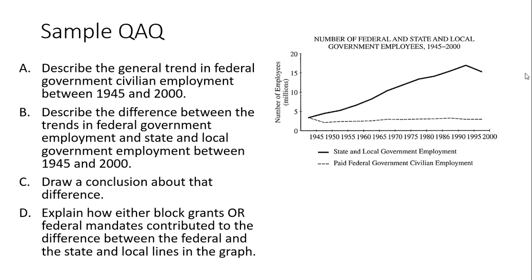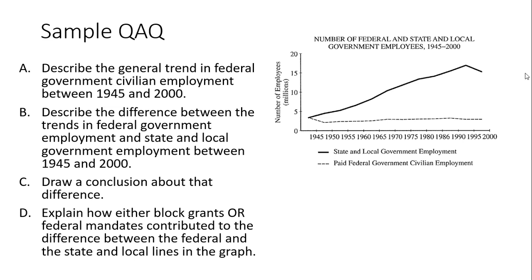It's probably why they wouldn't ask you that in this question, because it's a little harder to read the lines. But if we were, instead of given a graph, if we were given a chart and it just said year by year, the number of employees, federal and state, you could easily pick that out of the chart. So part A is often just a very simple, read the data, show us you know how to read a chart or graph, a data table, and answer it.